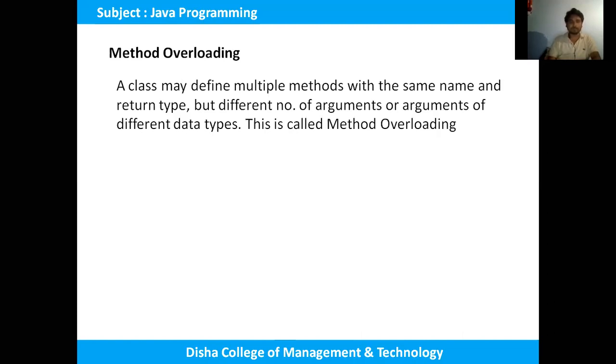Suppose in the previous example we have a method called add, and that class may contain another add method. If the two methods have the same name, the same argument list, the same number of arguments and the same return type, it will create ambiguity, and it is very difficult to find out which method is going to execute. To avoid that, there is method overloading.